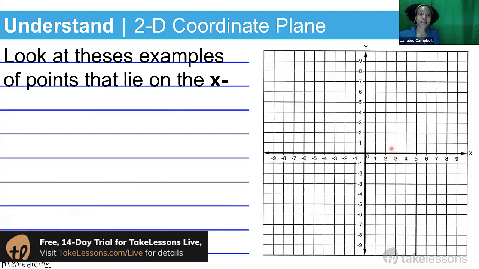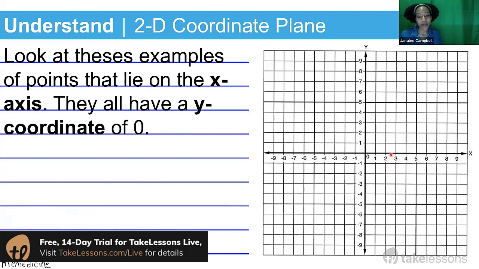So look at these examples of points that lie on the x-axis. They all have a y-coordinate of 0. So 2, 0 traverses right 2 units, but it doesn't move up or down. So it has a y-coordinate value of 0. Then we have 4, 0.